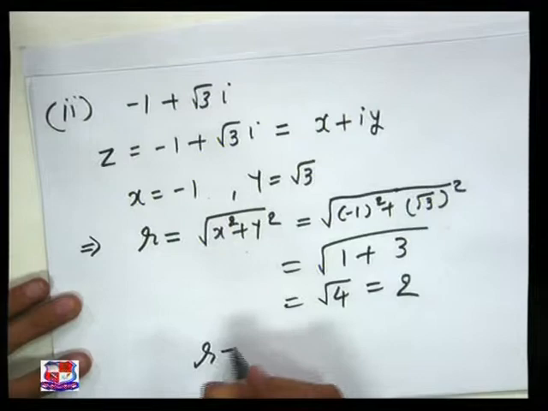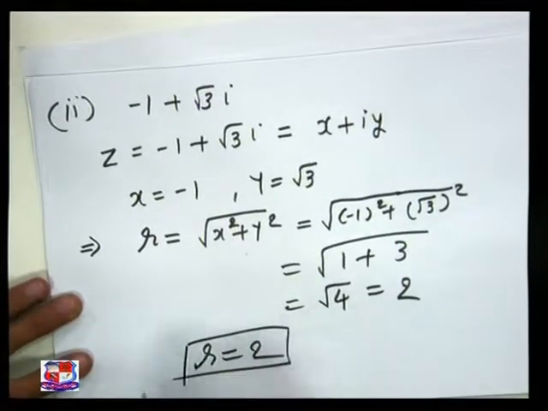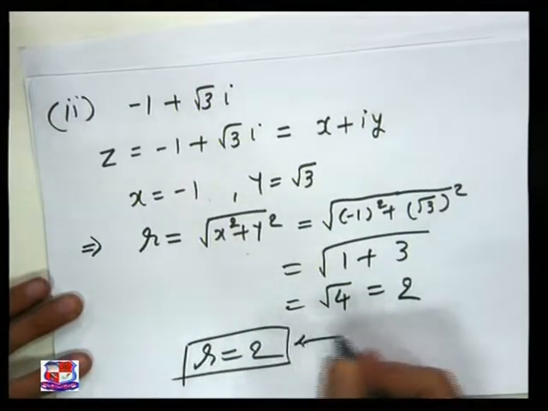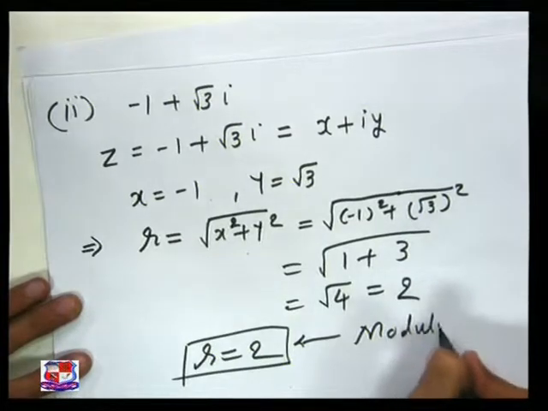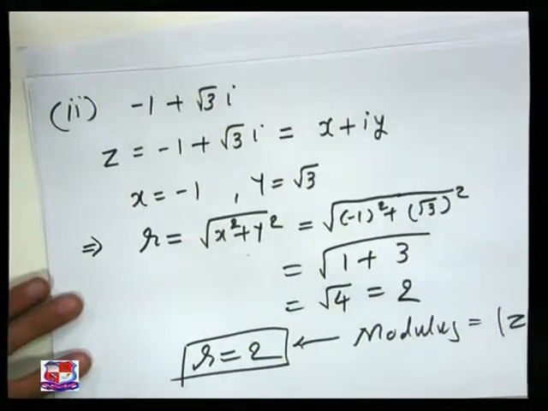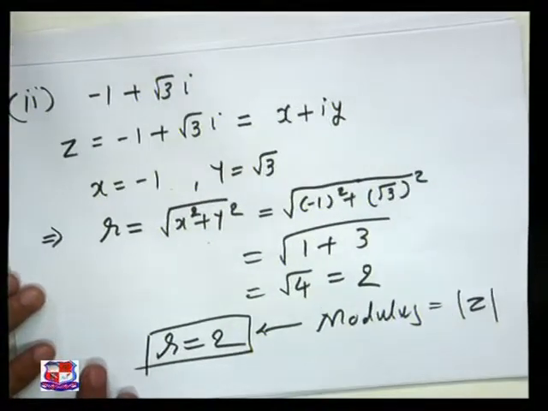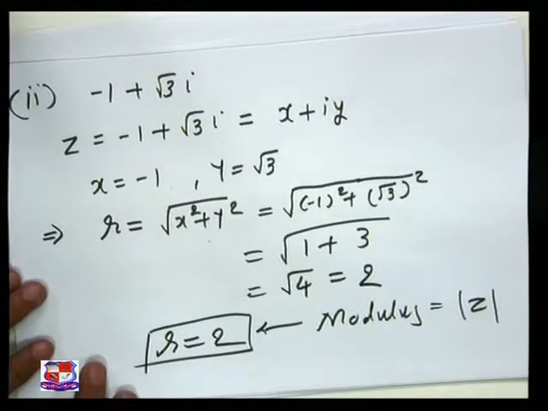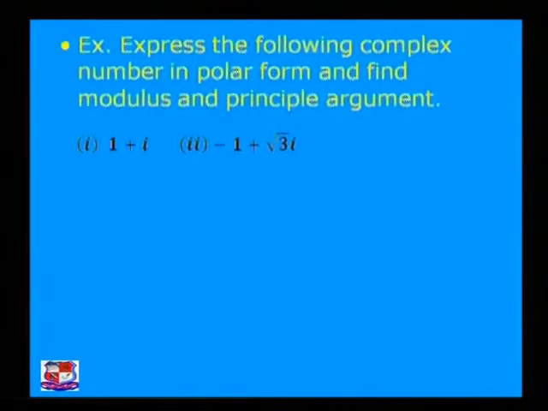So the value of r is equal to 2, or I can say this is the modulus, mod of z, right?